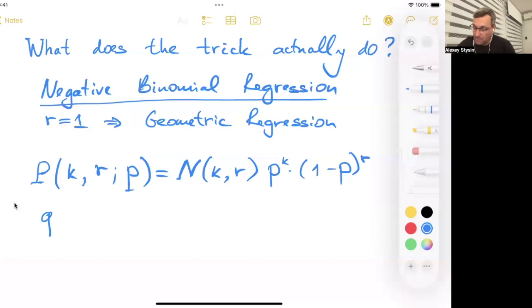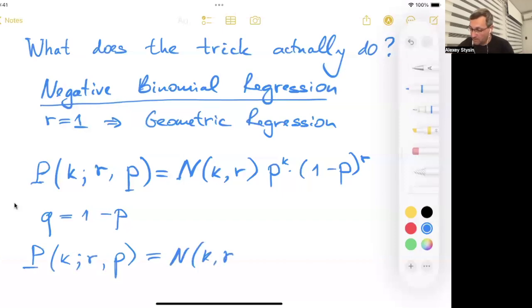Let's relabel Q equal 1 minus P. Then we can rewrite this as the probability of K given R and P. I guess the semicolon should go here because R is a parameter. It's going to be written as some normalizing factor, which doesn't depend on P, times 1 minus Q to the power of K, and then Q to the power of R.